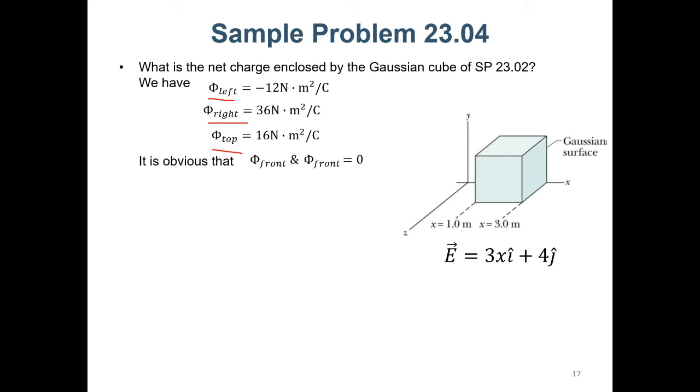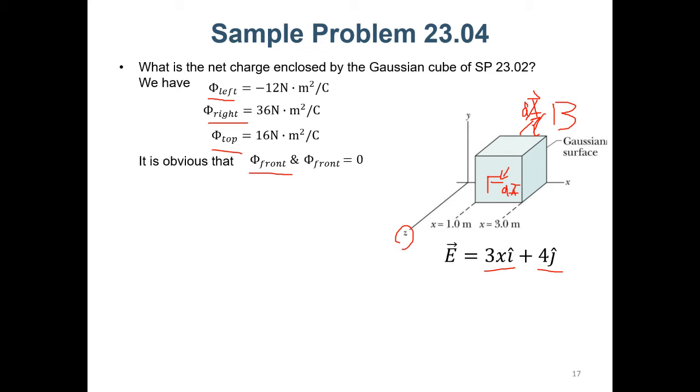It is obvious that phi front and back are all zero, because E only has x-axis and y-axis components. It doesn't have a z-axis component here, so E doesn't have any component in the same direction as dA. So these two are obviously zero.